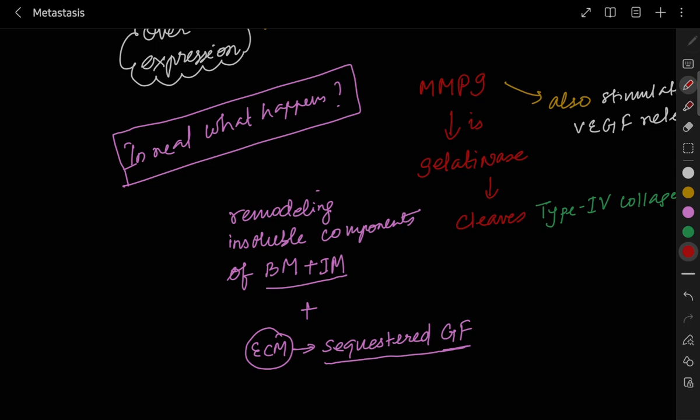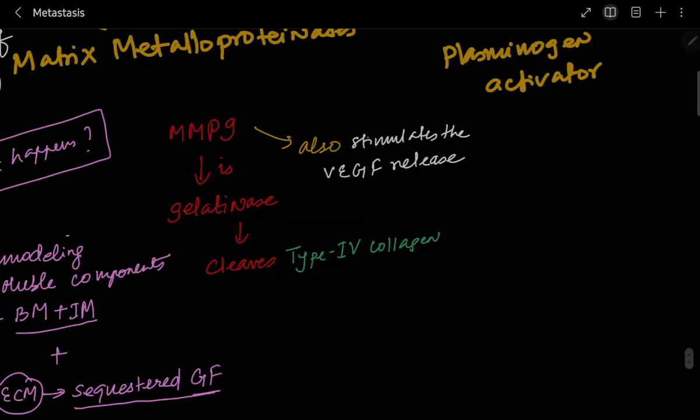We will discuss this by taking an example of a metalloproteinase. For example, we have MMP9. This MMP9 is a gelatinase, so it will cleave the type 4 collagen, meaning it is degrading the basement membrane. No problem at all, that is its function, right? Now I told you the extracellular matrix will also release sequestered growth factor.